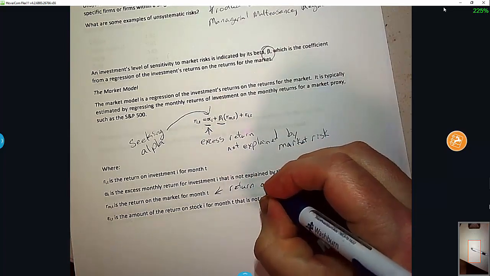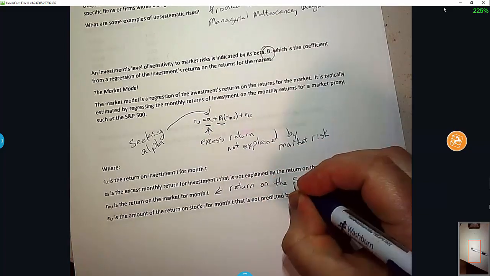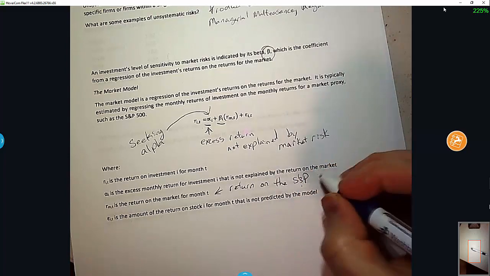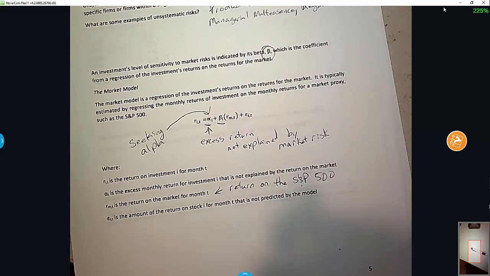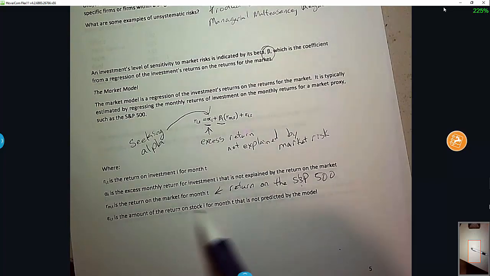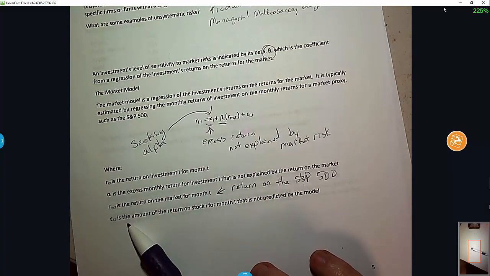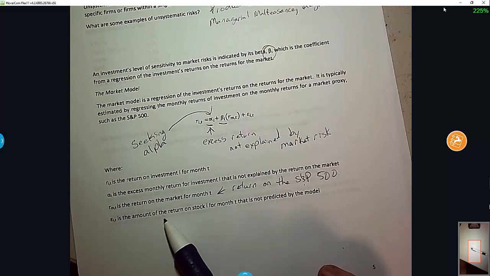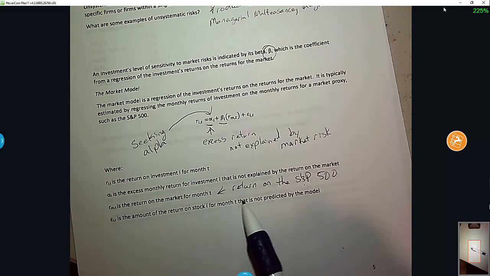And I mentioned what that was before. It is an index of the 500 largest market capitalization firms in the United States. And then the epsilon here is the amount of the return for the stock T that is not predicted by the model. And a lot of times we would refer to this as the error term.